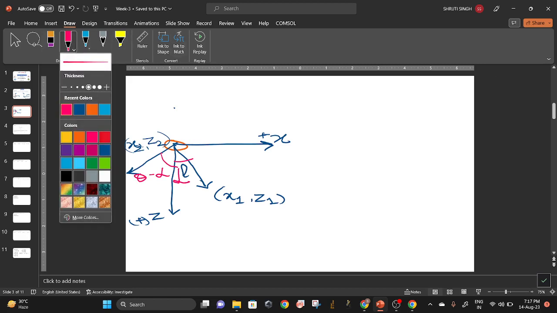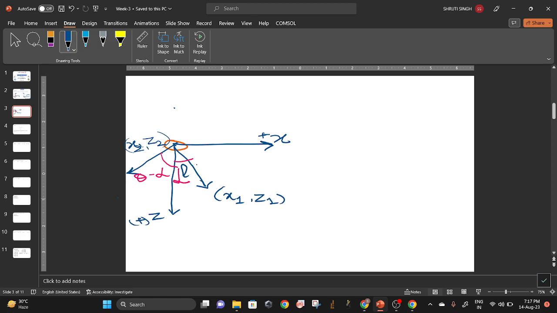We are taking the previous angle, which was the original angle, as alpha. If we are measuring the angle in the anti-clockwise direction, then alpha is okay, but this whole thing is theta.